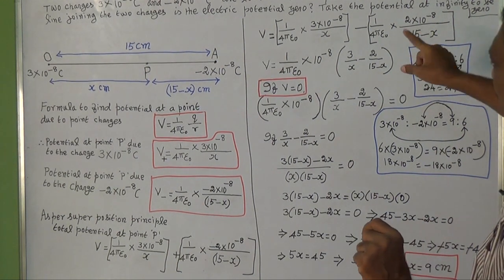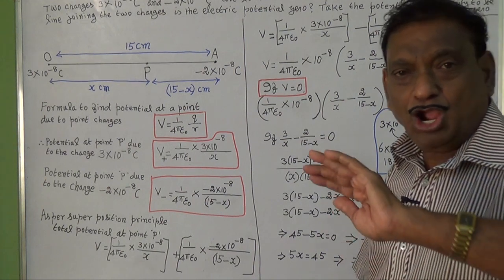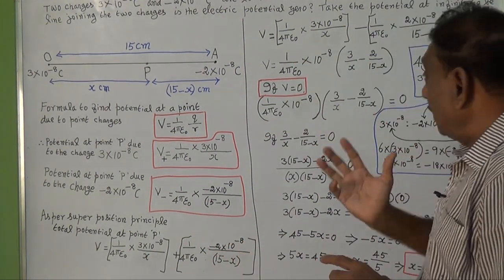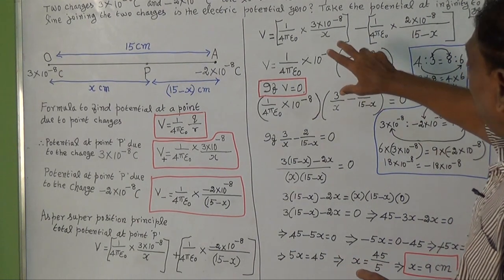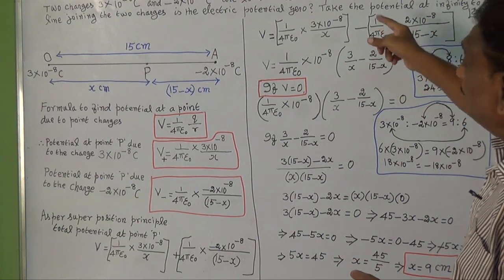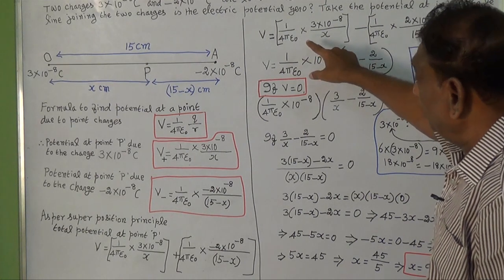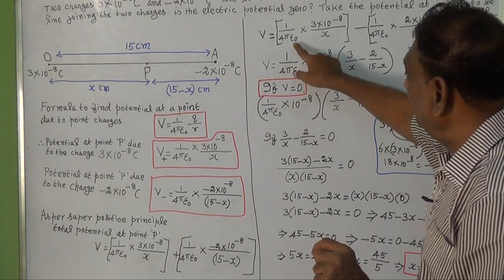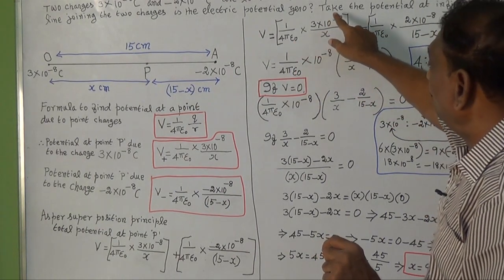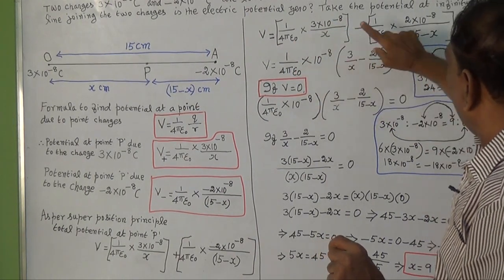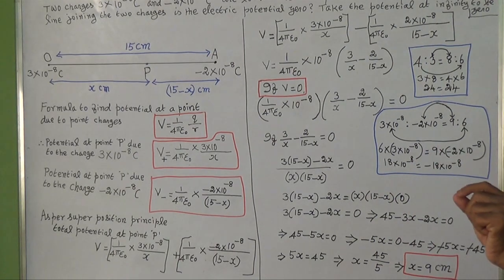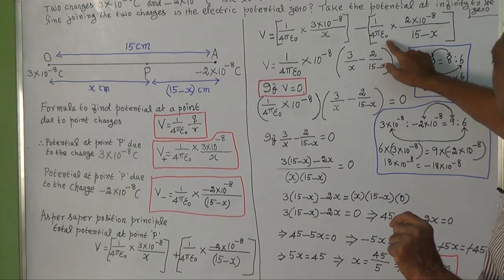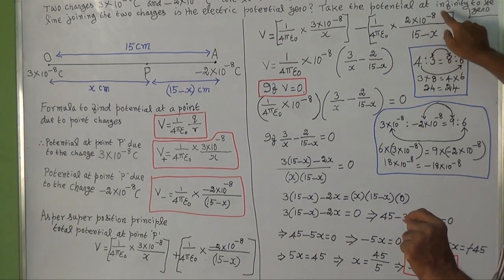Now we are going to take the common factors in these 2 terms. What are the common factors in these two terms? In the first term, the common factors are 1 by 4 pi epsilon naught and 10 to the power of minus 8. In the second term also, the common factors are 1 by 4 pi epsilon naught and 10 to the power of minus 8.